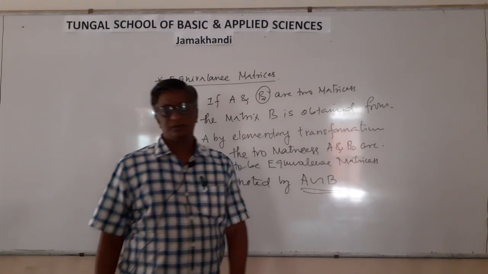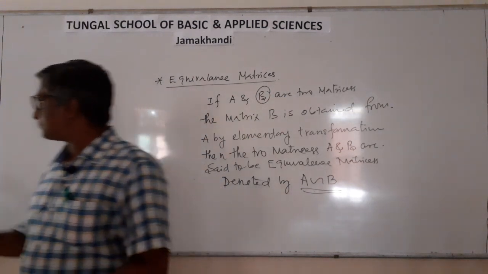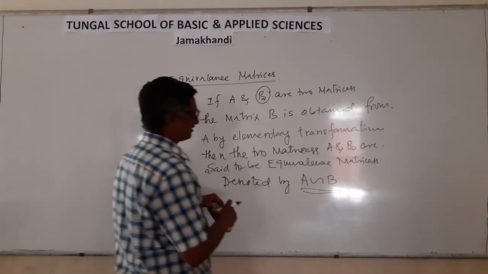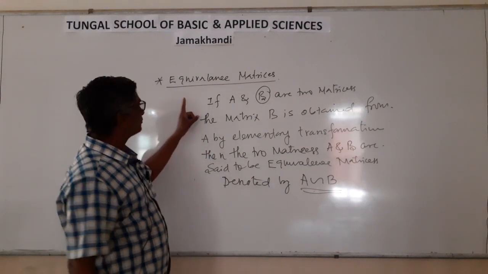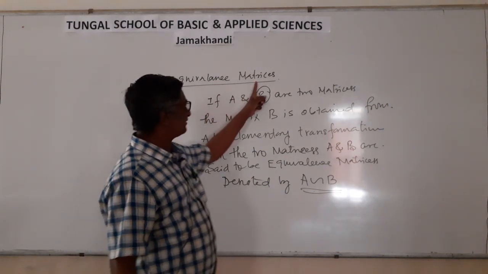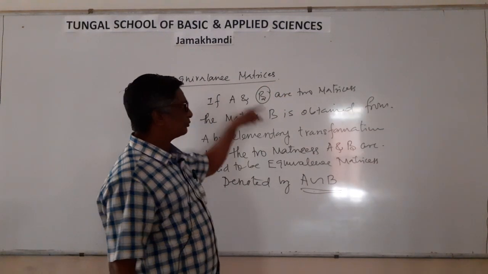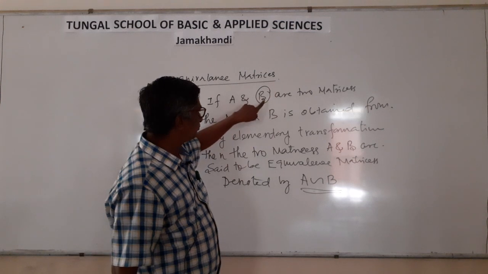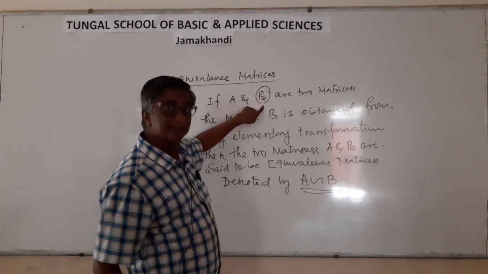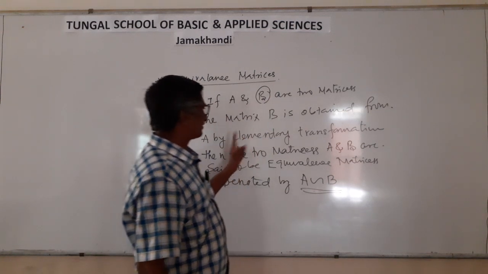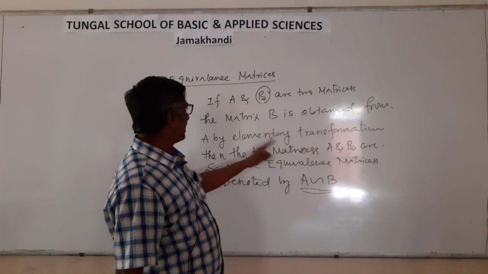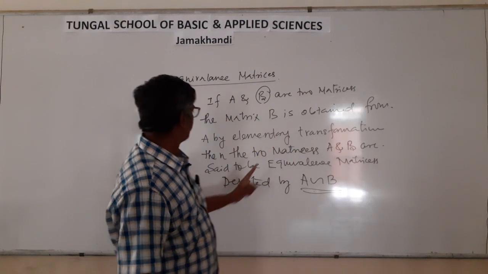After this, one more type of matrix we have to discuss. Do you understand this point? Equivalent matrices means A and B are two matrices, and the matrix B is obtained from the matrix A by elementary transformation.